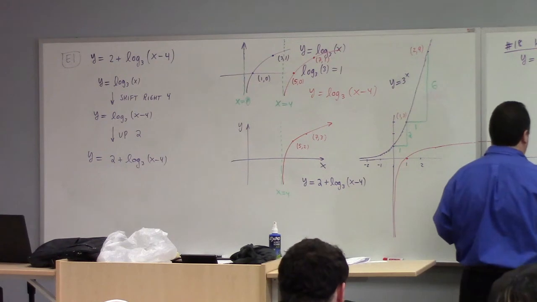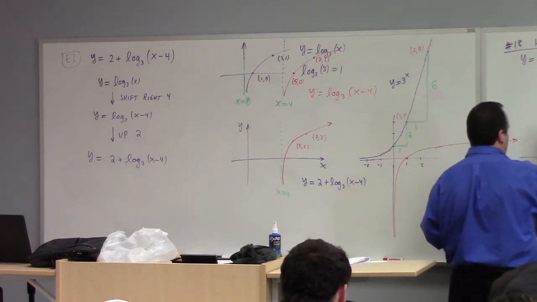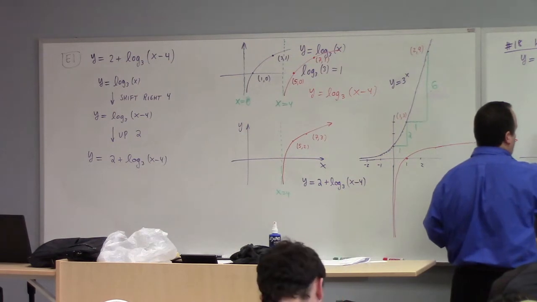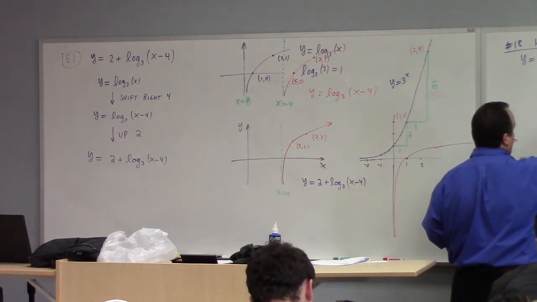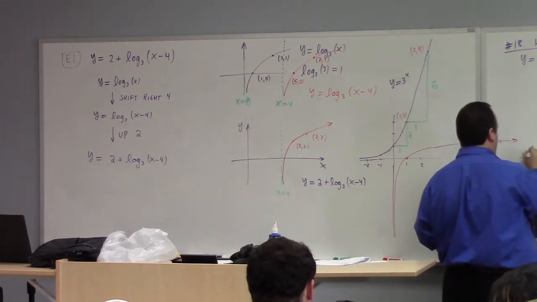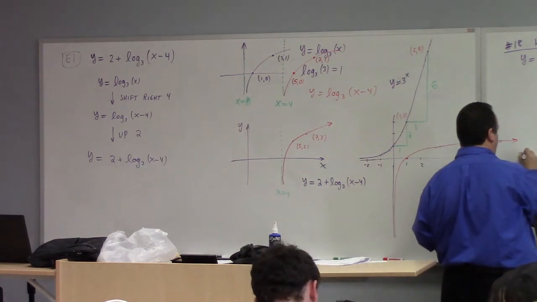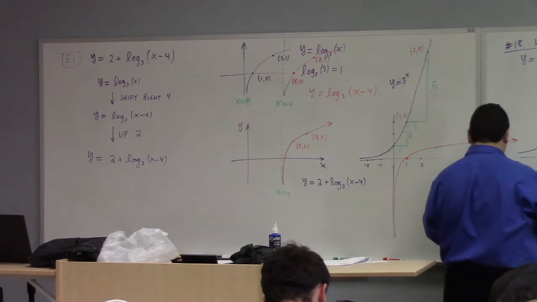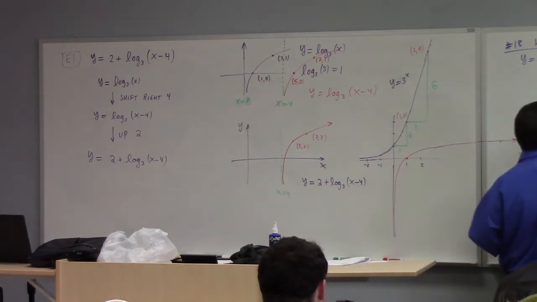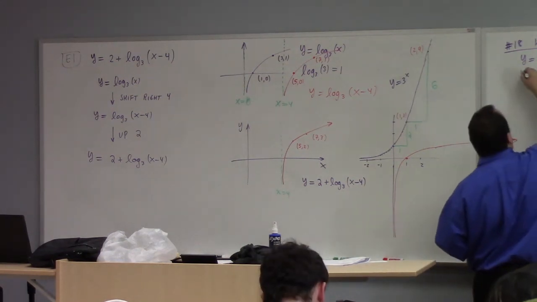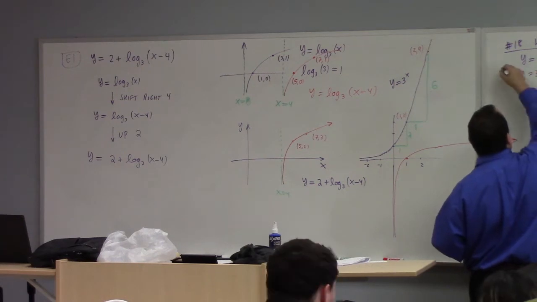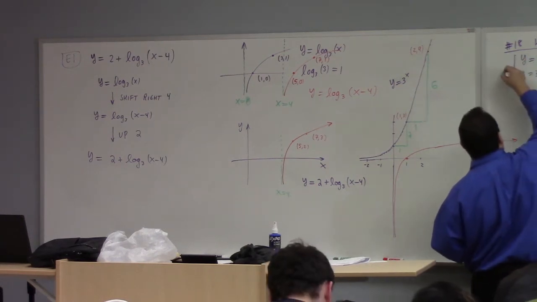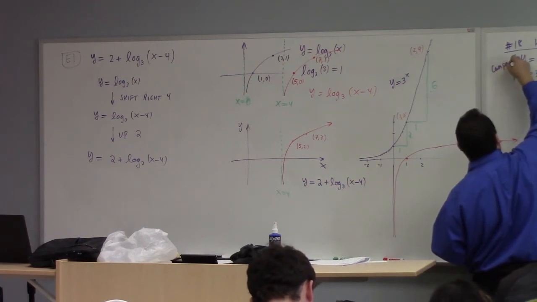In contrast, if you look at the y equals 2 to the x graph, how's that one behave? So 1, 2, 4. If you look at that one, I mean, it keeps going, right? I'm trying to compare them.